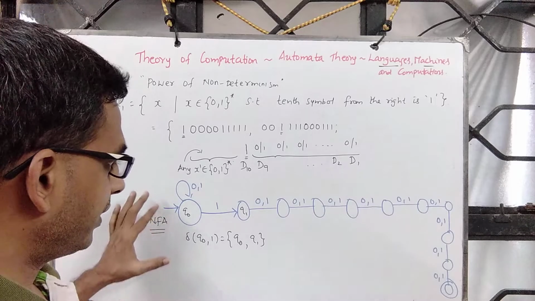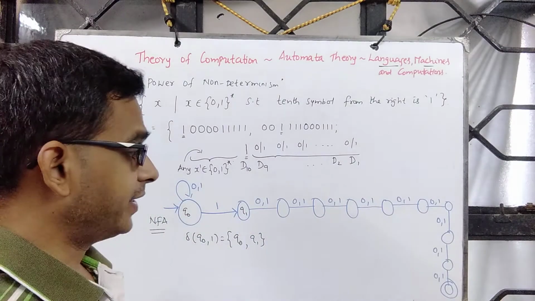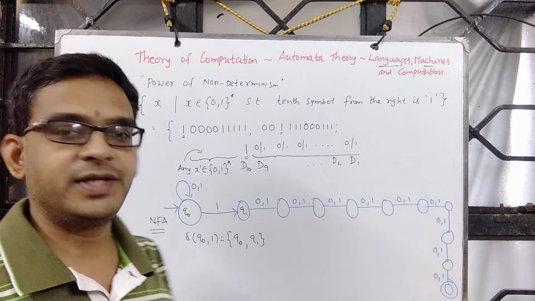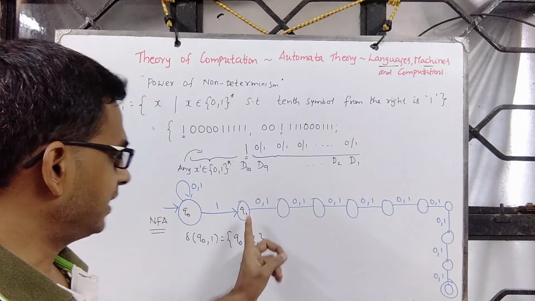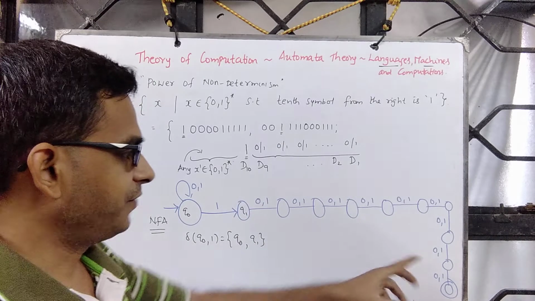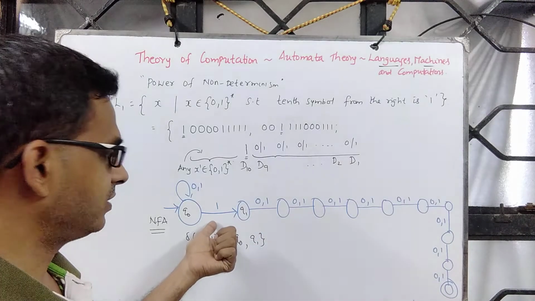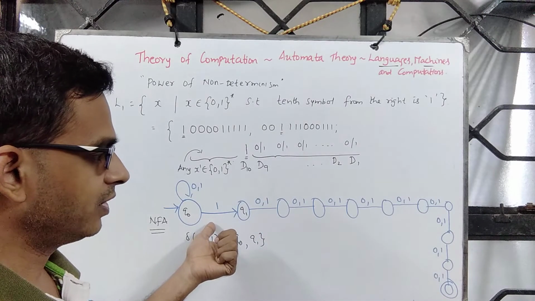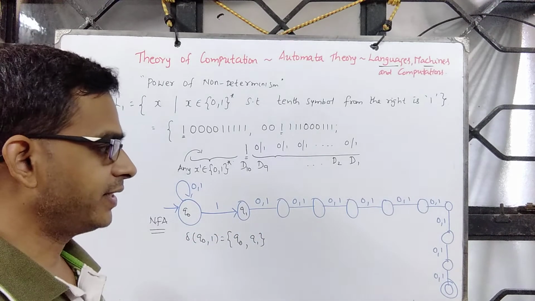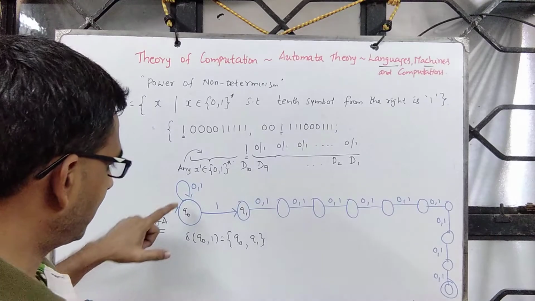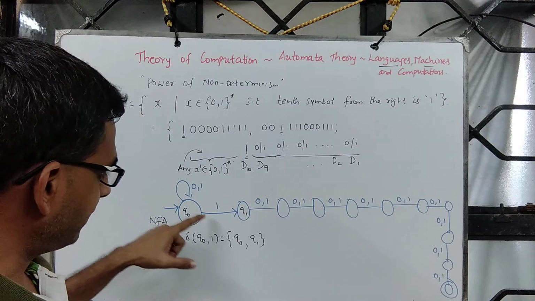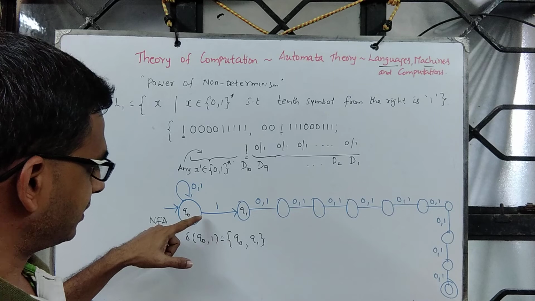Now when you try constructing a deterministic machine out of this, unless we remember that we have seen so much, out of that the 10th symbol from the right is 1, we won't be able to get a deterministic machine. But for a non-deterministic machine, you have this advantage.